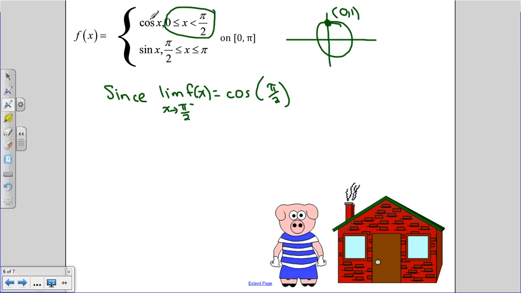So we plug it into the cosine function, cosine of pi over 2, which was 0, which is not equal to the limit as x goes to pi over 2 from the right.